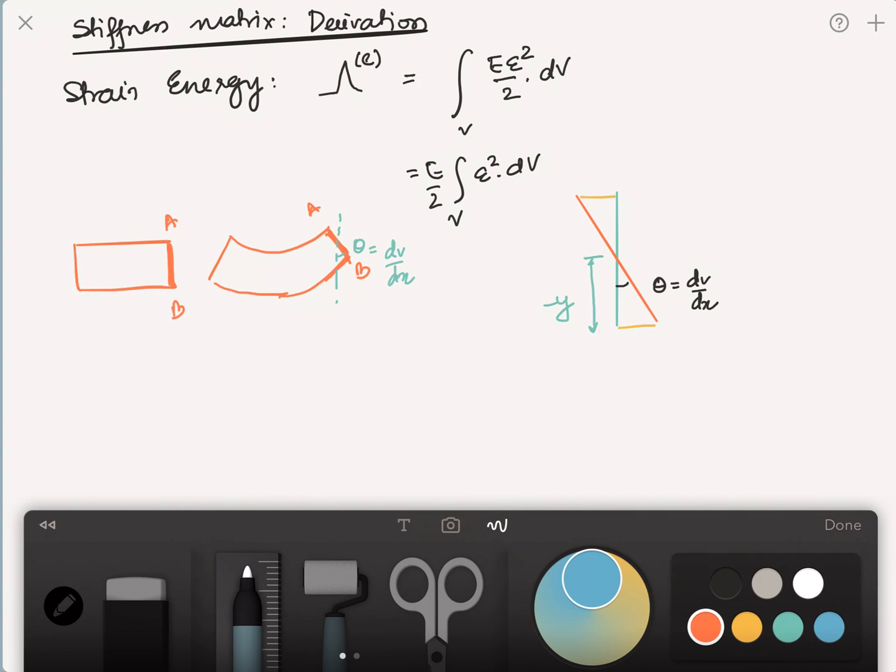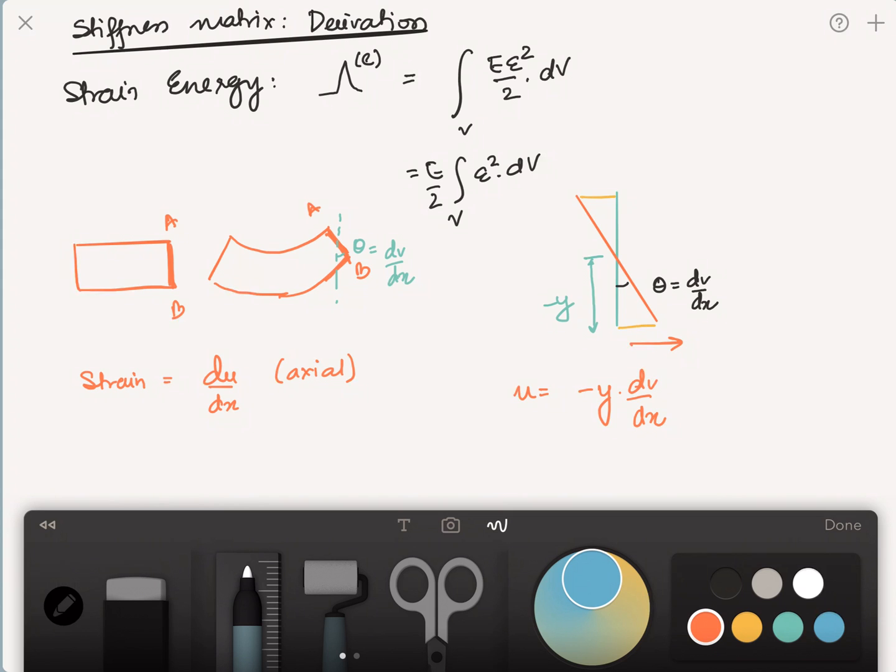Now the strain of the system is always given as the change in axial displacement over the length. So now if you look at the axial displacement, the equivalent axial displacement in a beam under bending deformation, then we can say that it can be written as minus y times the angle theta, which is dv dx when theta is really small.